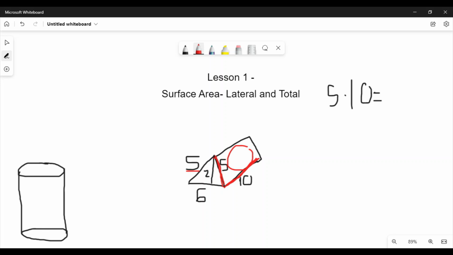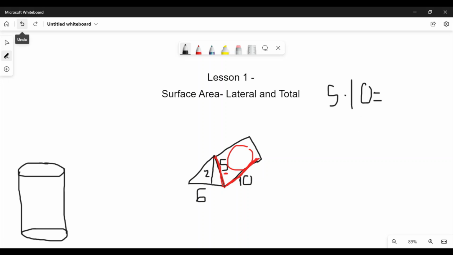is the same as this one. If this side length would have been a different one, it wouldn't be the same thing by multiplying by 2. For example, if this was 7, you would do 5 times 10, and then you would do another equation, which would be 7 times 10, because these aren't the same length.